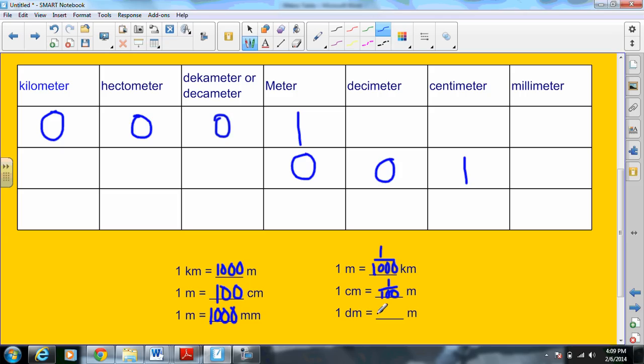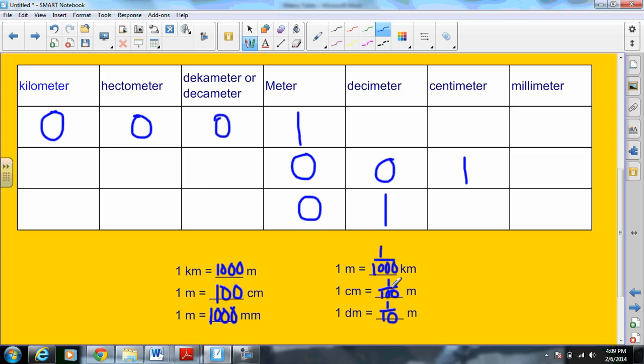1 decimeter equals blank. So if I go to the decimeter column and I put a 1, and then I fill it in with zeros until I get to what I'm looking for, I see a backwards 10. So 1 decimeter is 1/10 of a meter. So I would need 10 decimeters to equal a meter.